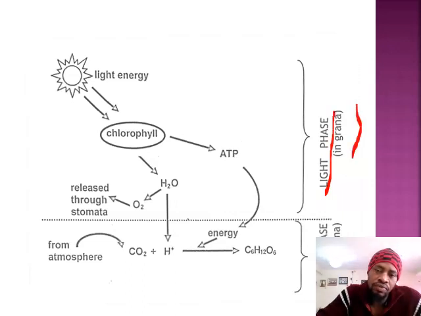That's the plural for granum, grana. I spoke about it earlier. And the second phase, which is the dark phase, occurring in the stroma. Let's start with the light phase, which takes place in the granum, the light dependent phase.